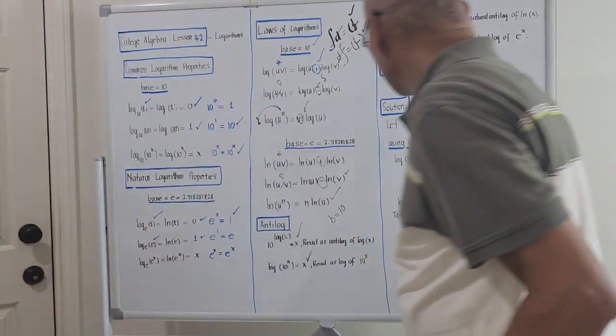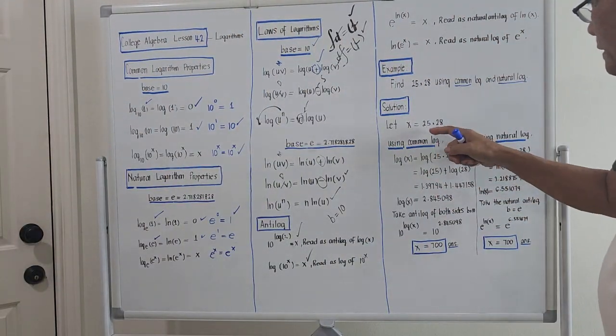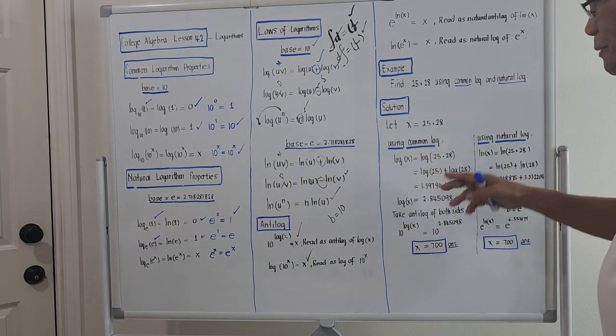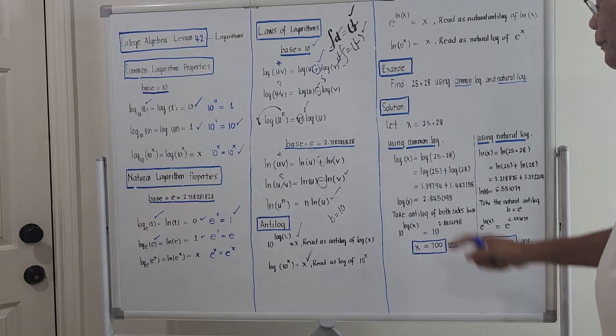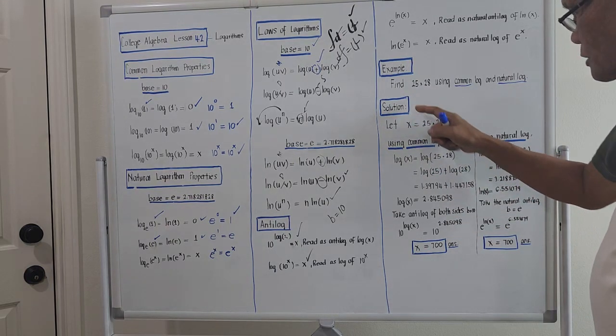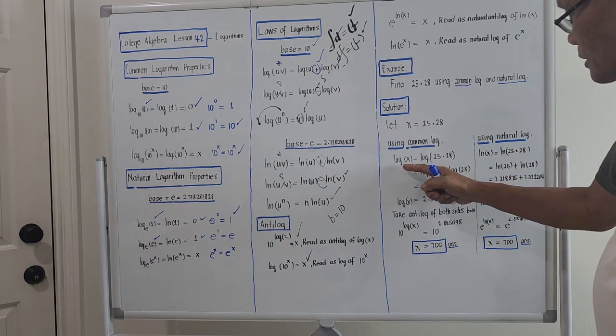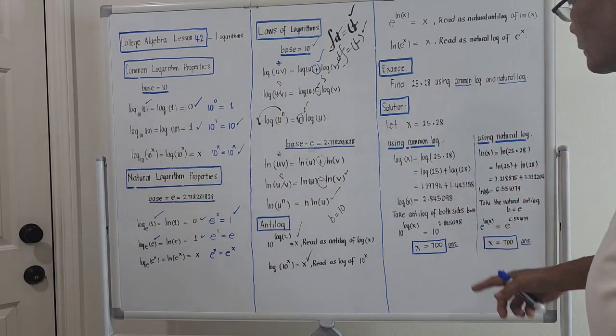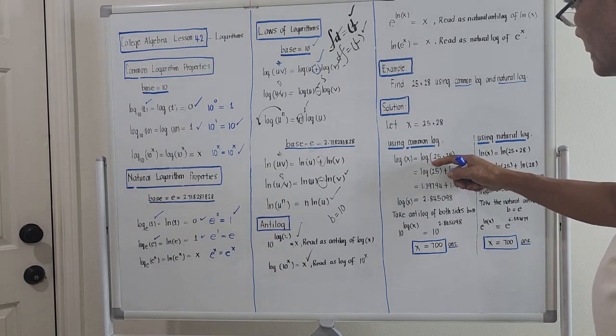So presenting solution number 1. If x is equal to the product 25 times 28, and by using common logarithm, take the logarithm of both sides. The common logarithm of x, it is understood the base is 10, should be equal to the logarithm of the product.